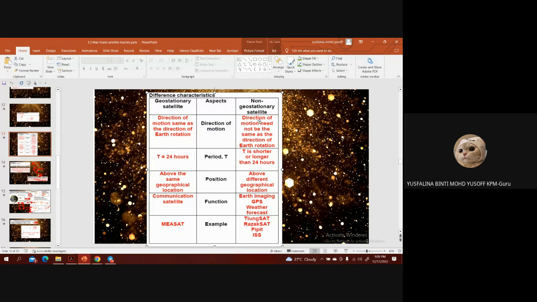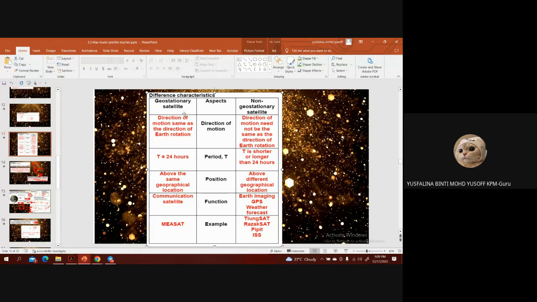But for non-geostationary, the motion need not be the same; it cannot be the same as the direction of motion of the earth. The period for geostationary is 24 hours, which means 1 day. But for non-geostationary, it can be shorter or longer, meaning the time is not the same.